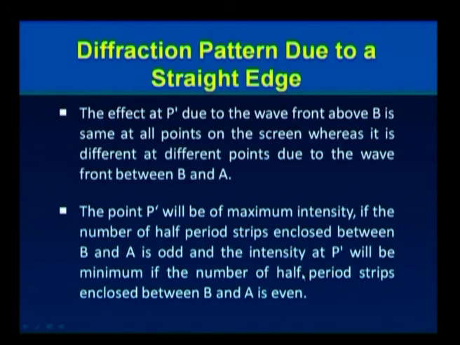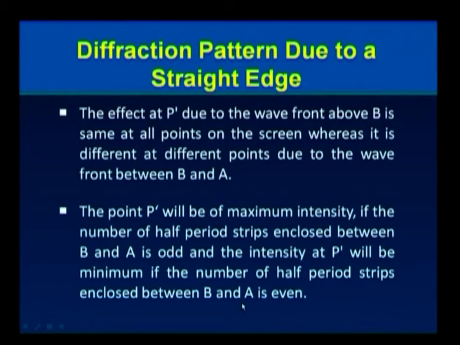So, again you have to look for the even and odd. The effect at P prime due to the wavefront above B is the same at all points on the screen, whereas it is different at different points due to the wavefront between B and E. The point P prime will be of maximum intensity if the number of half period strips enclosed between B and E is odd, and the intensity at P prime will be minimum if the number of half period strips enclosed between B and E is even.